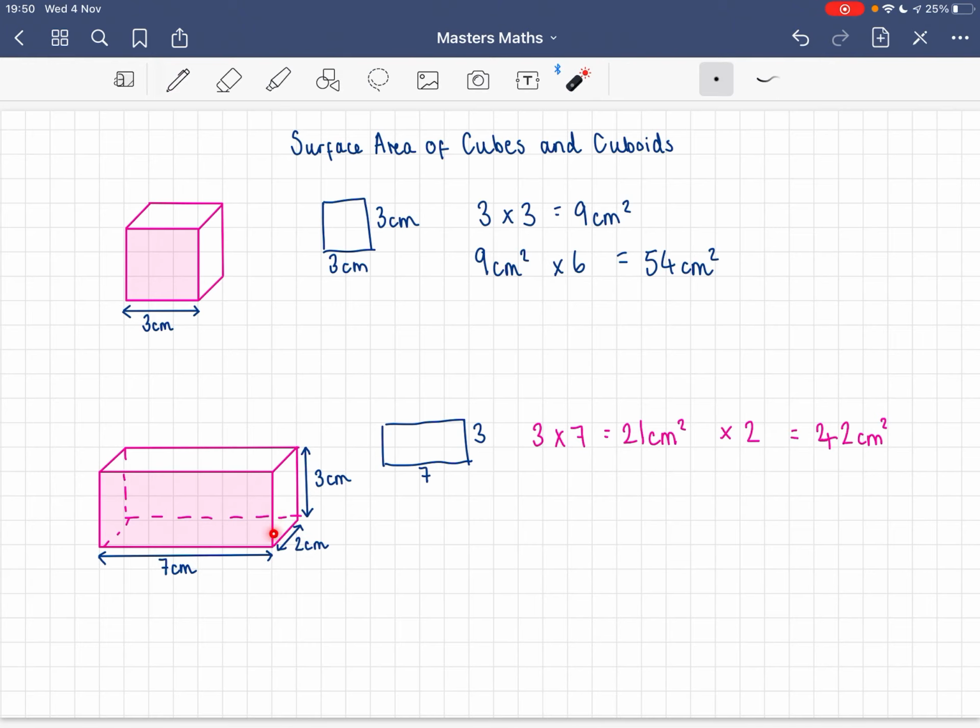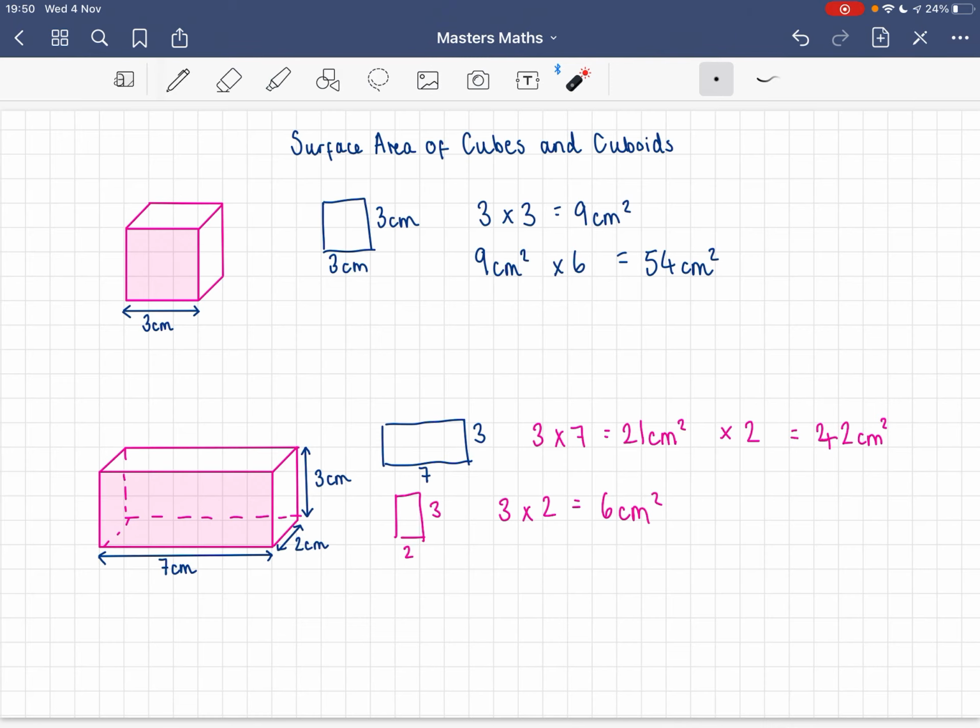Now if we look at the side, we have this rectangle here. It's a little bit smaller, looks something like that. The height of it is 3 and the base of it is 2, because this is 2 and this is 3. That means the area of it is 3 multiplied by 2, which is 6 centimeters squared. And again, this side is going to be the same as the other side.